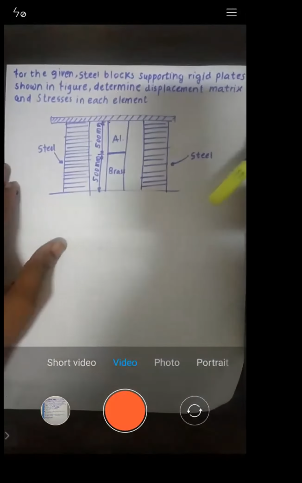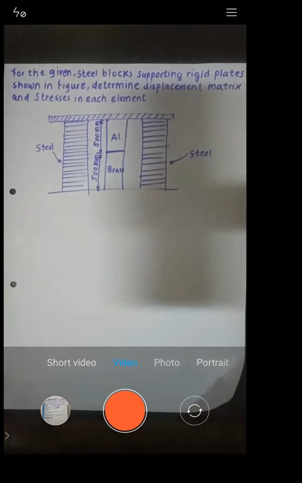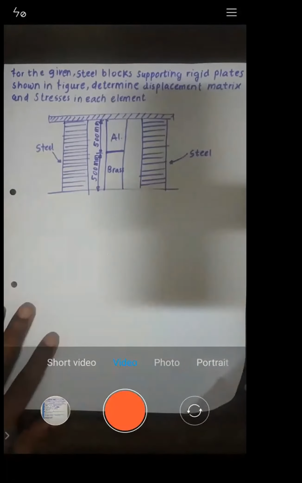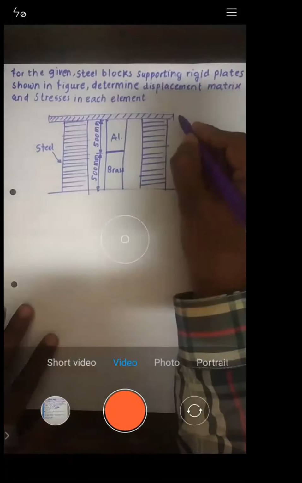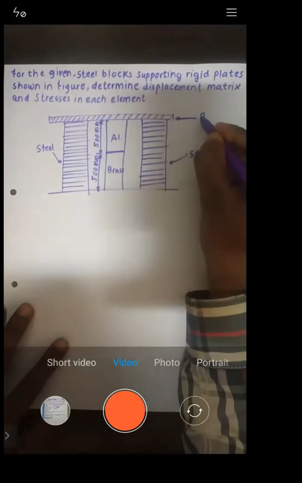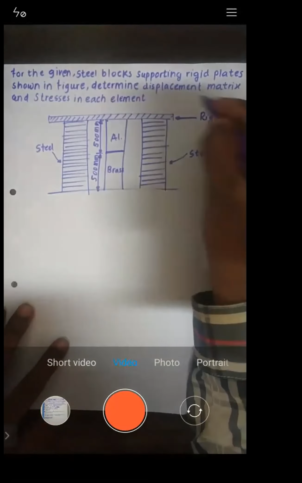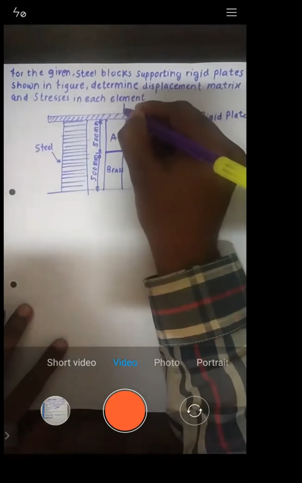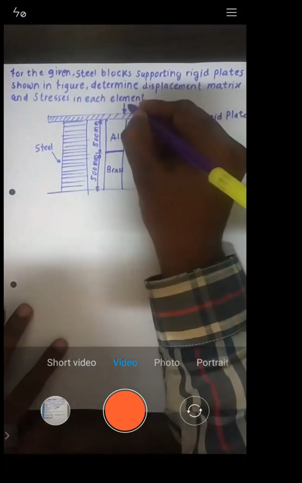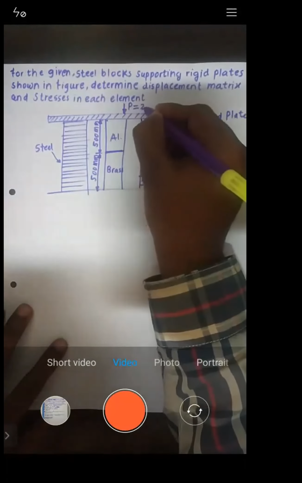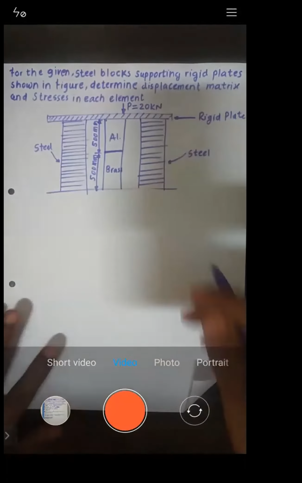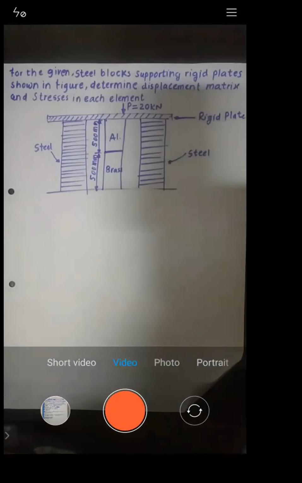So both are measuring 500 mm, right? Clear? And this is basically the rigid plate. On this rigid plate, you will be applying the load P of 20 kilonewton.